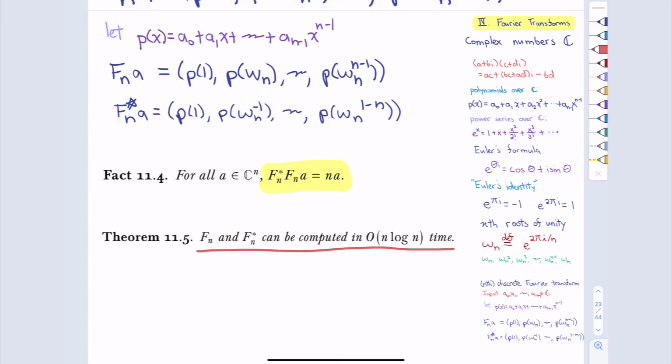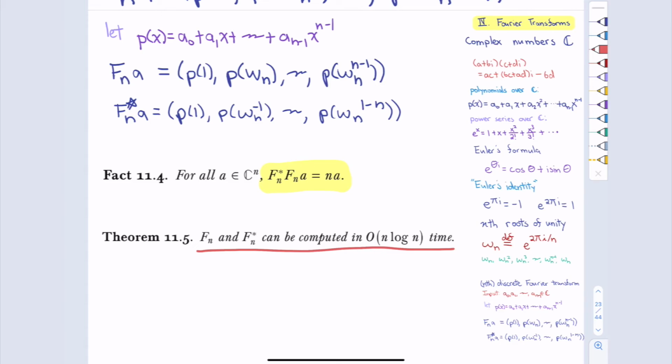Right? Just evaluating a degree n polynomial at n points takes n squared time. But what we're going to show is that because we're only interested in the roots of unity, which is very special and they're closely related, we can do all of them in n log n time. Okay, so we're going from n squared to n log n.